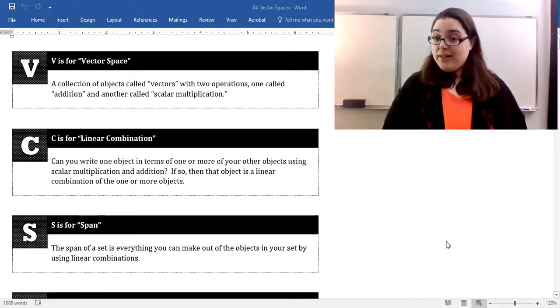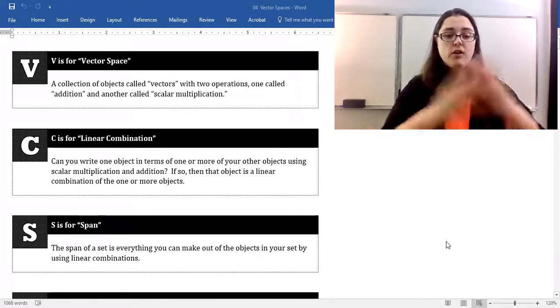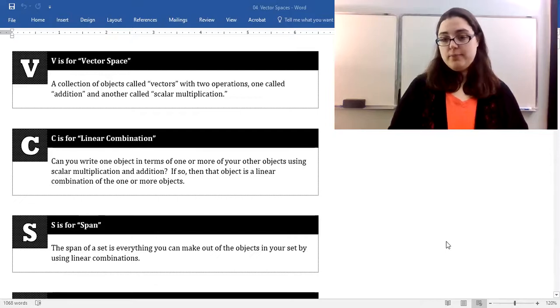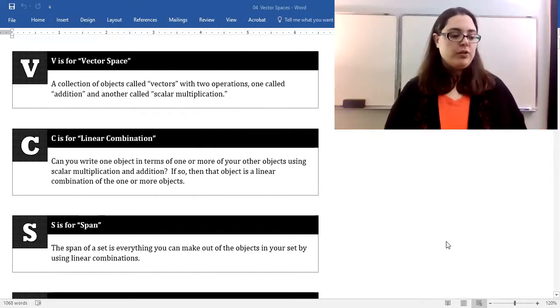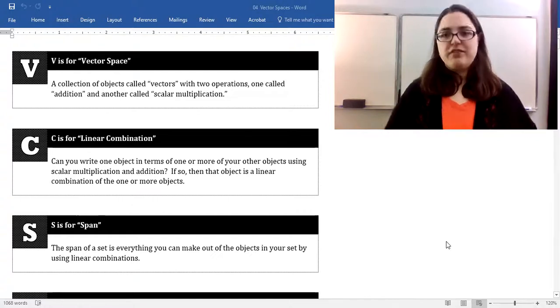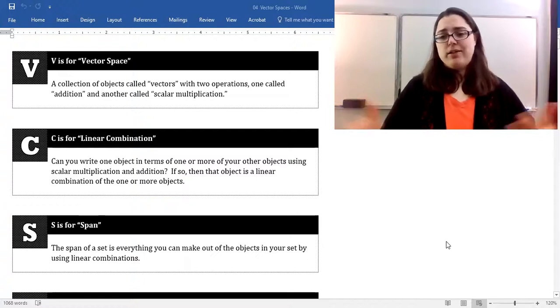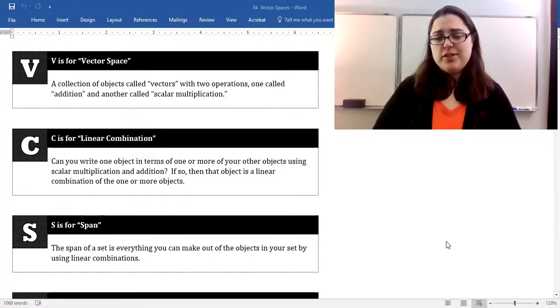S is for span. The span of a set is all of the linear combinations you can make. So if I give you a bag of 3 or 4 different kinds of Legos, but infinitely many of each type of Lego, so you have infinitely many 2x3 Legos at your disposal, for instance.